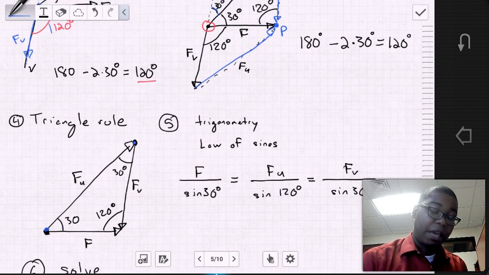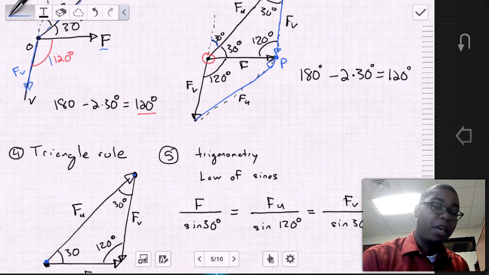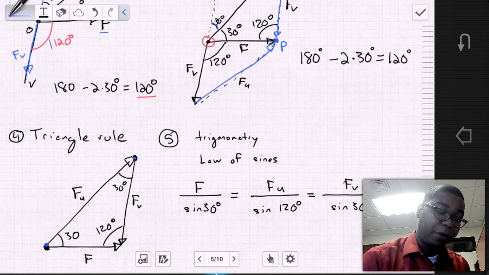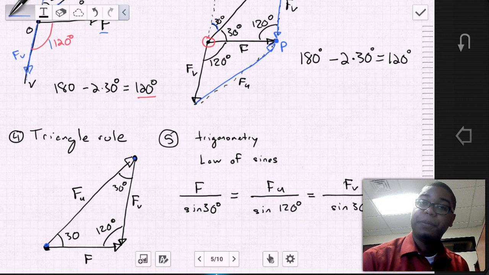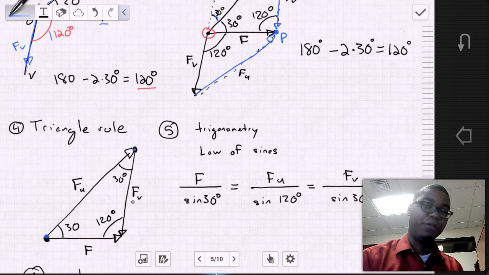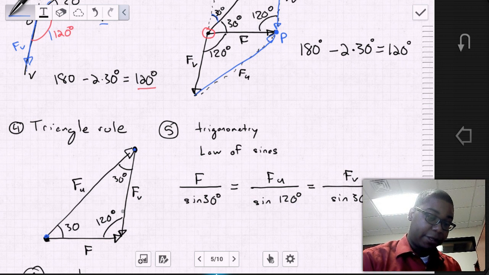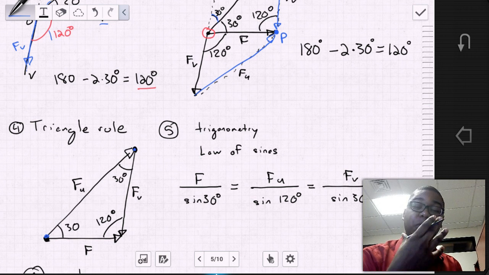And then we can use the information that we found from our free body diagram and from our parallelogram and fill in that interior angle information. Now that we have these interior angles, if we look at the triangle rule, the only unknowns we have are FU and FV, the magnitudes. And when we look at this, we can now start applying trigonometry.